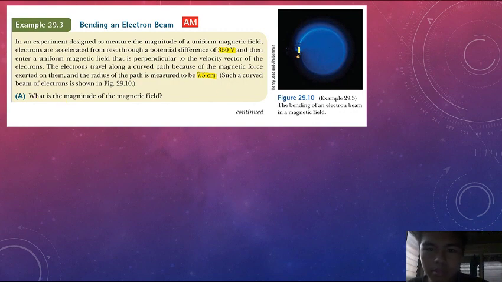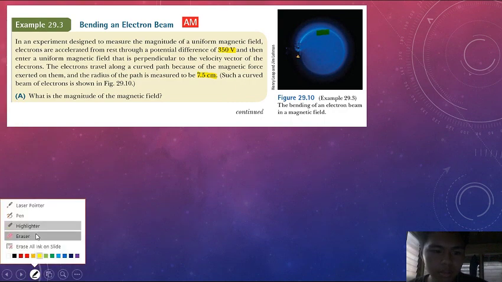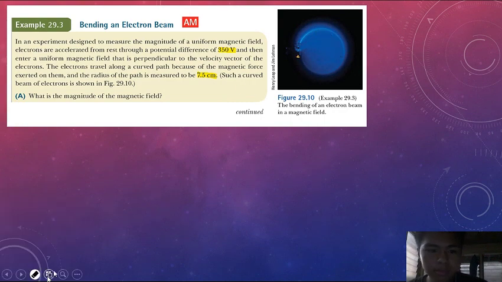So ito yung electron beam natin. Ito yung pag-view natin sa X and Y plane, di ba? Nasa uniform magnetic field siya.